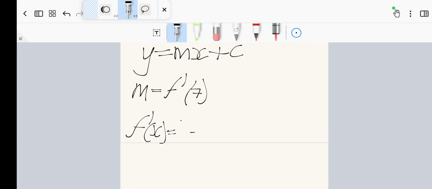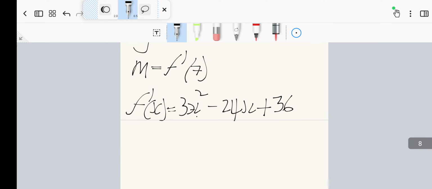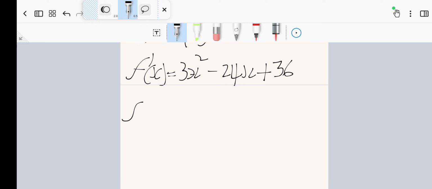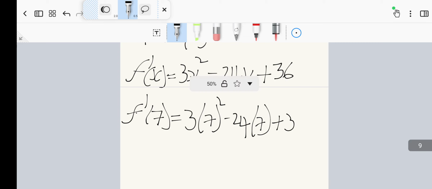3x squared minus 24x plus 36. Okay, that is still f prime. So we've already found it. Now we just have to do our substitution of 7 into this. So f prime of 7 is 3 times 7 squared minus 24 times 7 plus 36. The calculator is going to do all of this thinking for us.